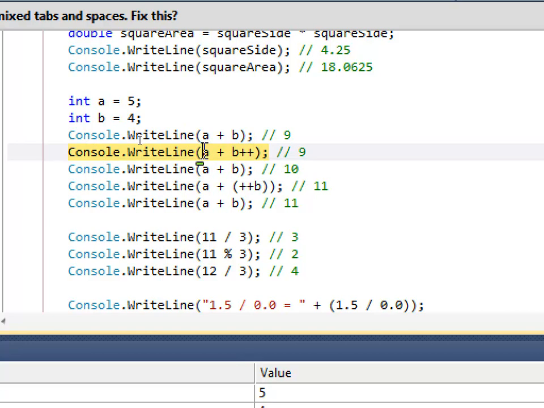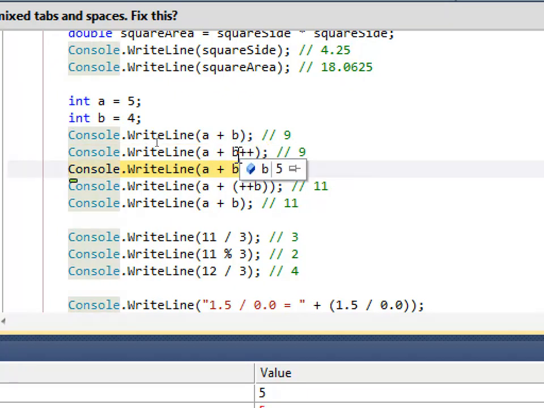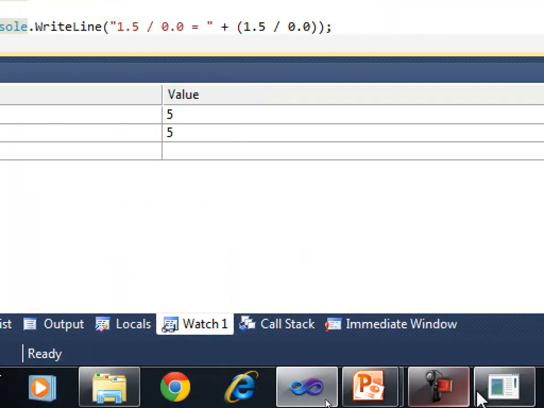That means that first of all we have the addition of those two numbers, and then this operator will kick in. So we'll have 4 plus 5, which is 9, and after that B will increment. It was 4, it will become 5. So after this line, B is already 5, as you can see. That's why on the next line we already have 5 plus 5, so the printout is 10.